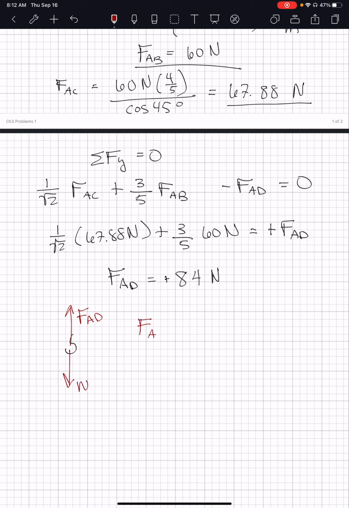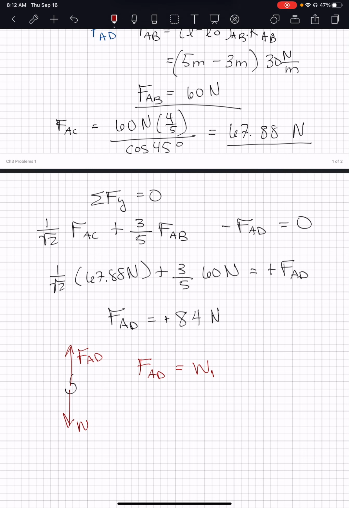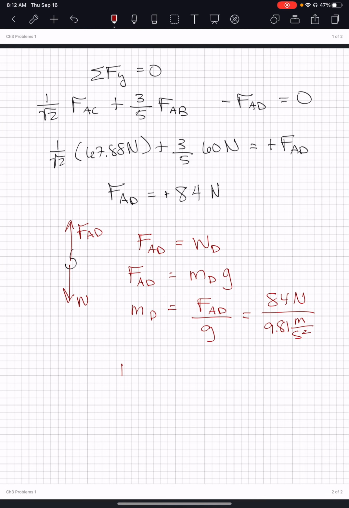FAD equals the weight of D, so FAD equals the mass of D times G. The mass of D, which is what they asked for, equals FAD divided by G. That equals 84 newtons divided by 9.81 meters per second squared. So 84 divided by 9.81 gives us 8.56.